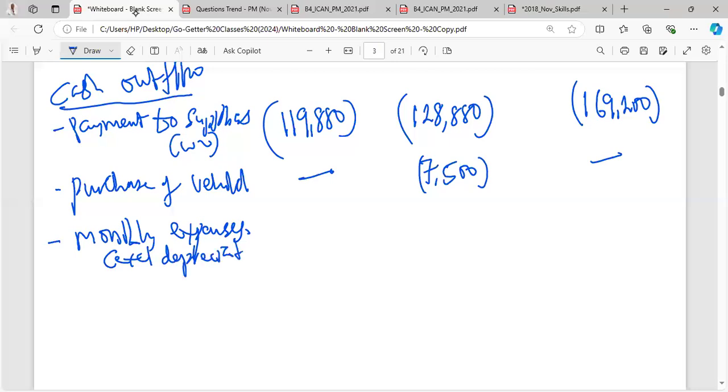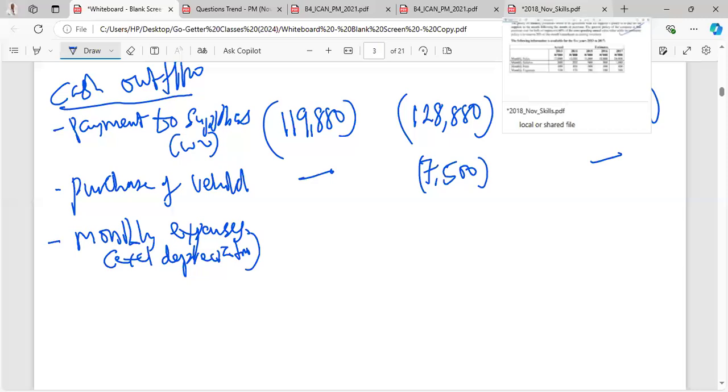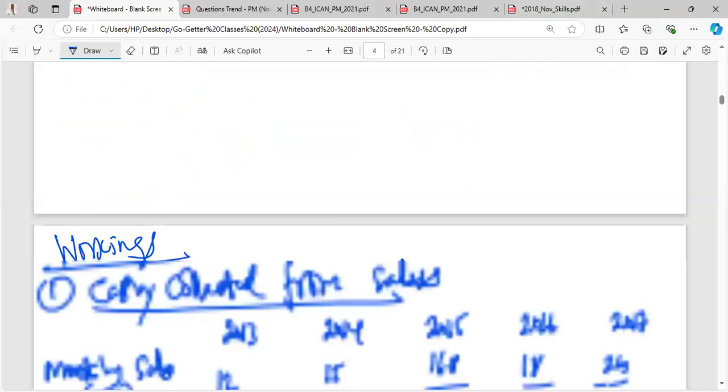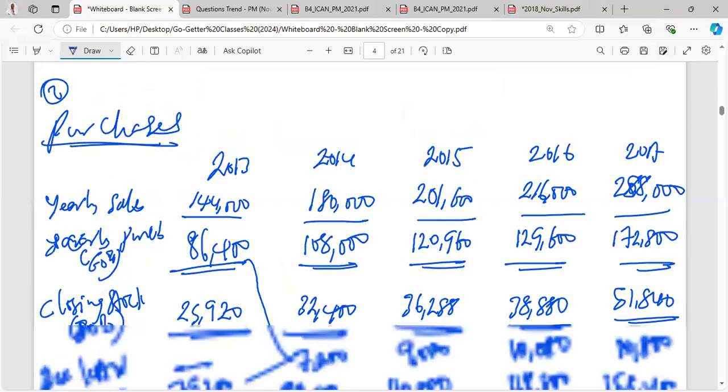Why are we excluding depreciation? Because depreciation does not involve the movement of cash. The only time we can put depreciation is when we are doing profitability. But now we are looking at cash. Depreciation does not involve the movement of cash. So we'll look at monthly expenses for the year. So that's workings 3.